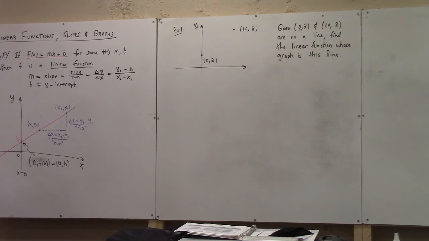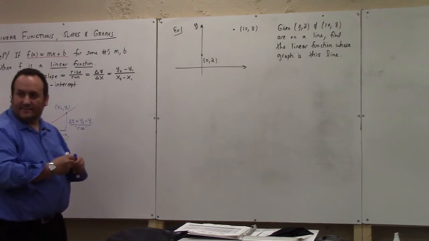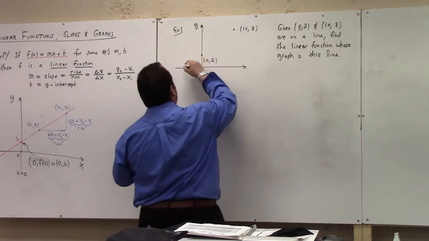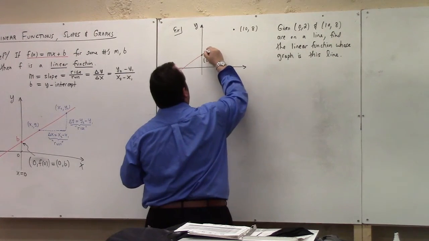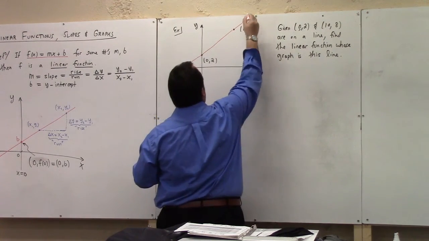In other words, find m and b such that y equals mx plus b gives you back a line with these 2 points. I mean, I can draw the line, right? There it is.